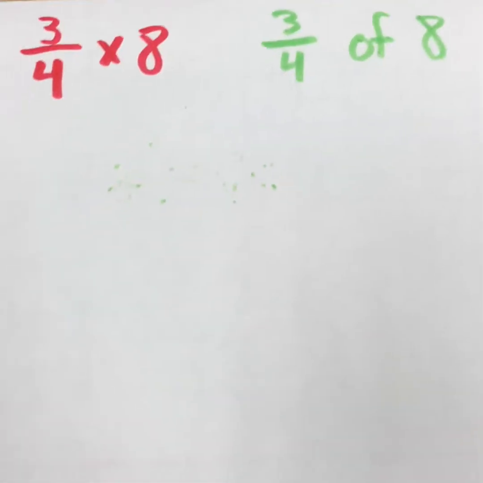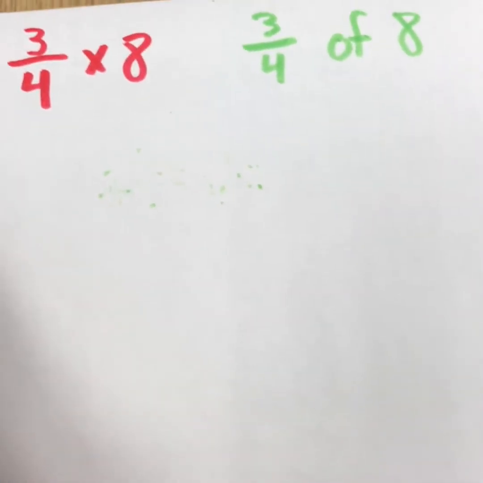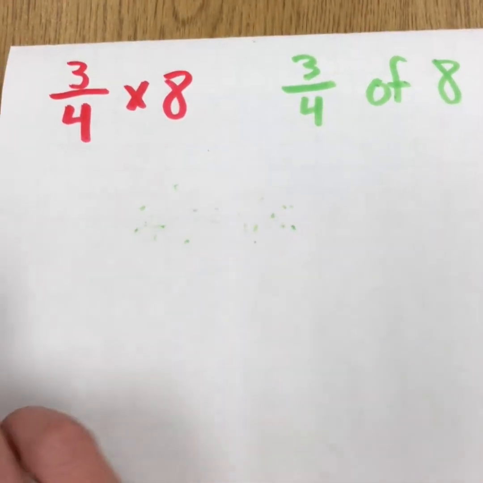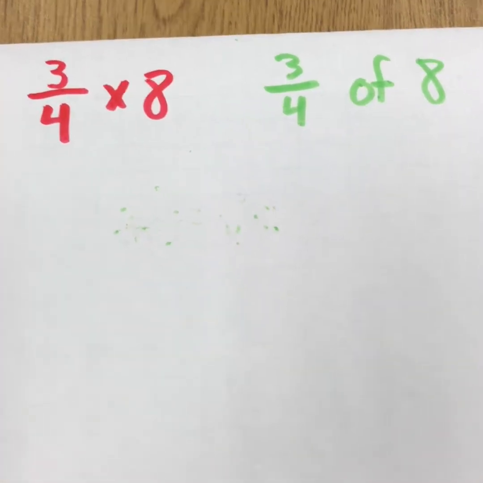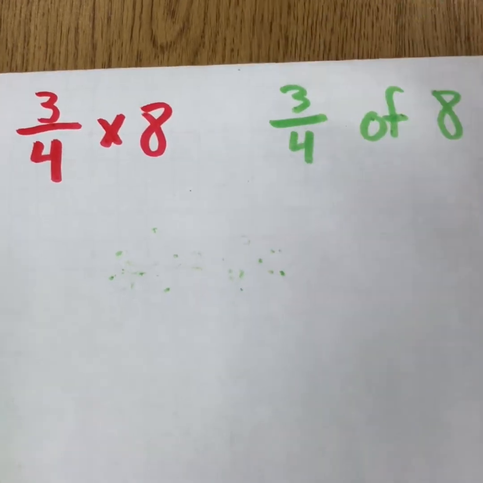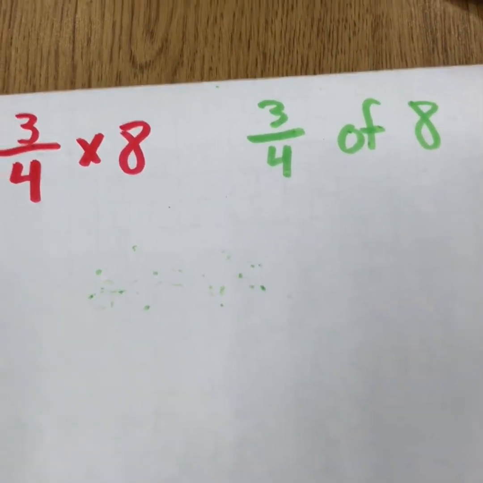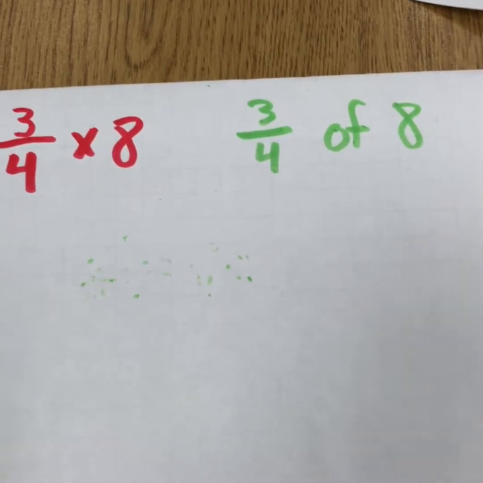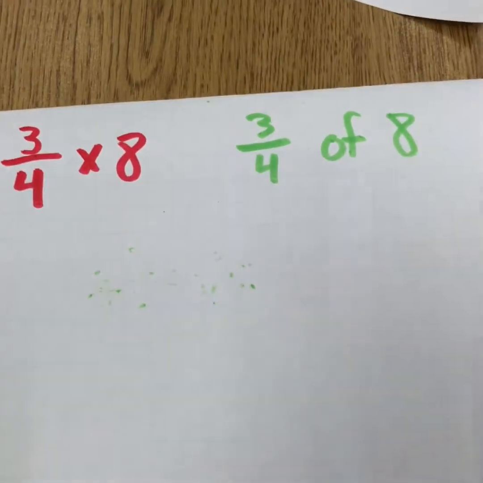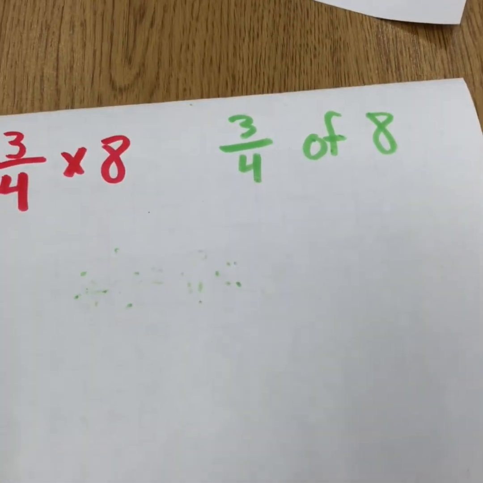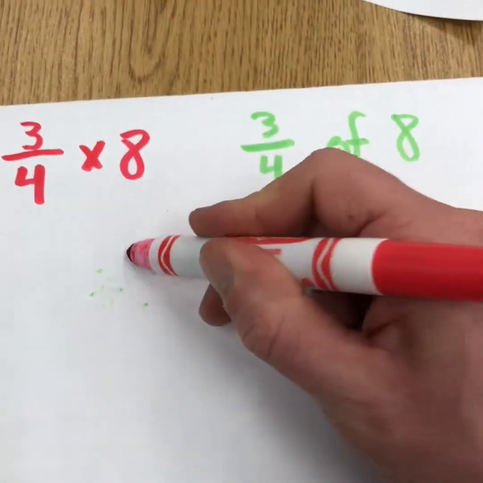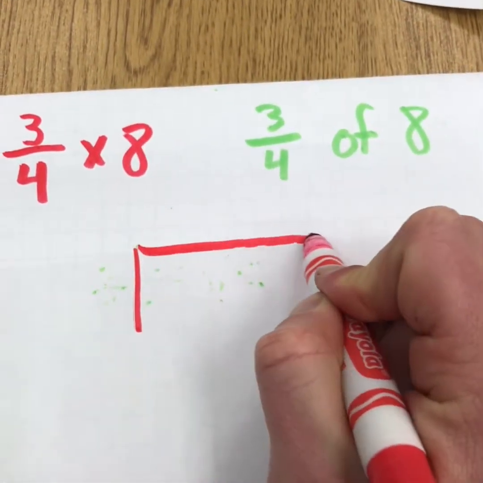And our third method that I know you like quite a bit is to think of these problems in groups, okay? And the way to do this is first you have to know that 3/4 times 8 is solved in the same way as 3/4 of 8. So if I wanted 3/4 of 8 of something, so like 3/4 of 8 apples or 3/4 of 8 comics, the first thing I do is my denominator tells me to make 4 groups.